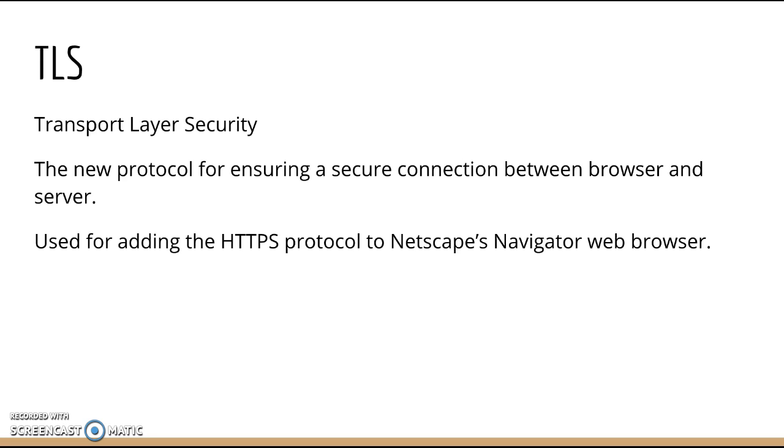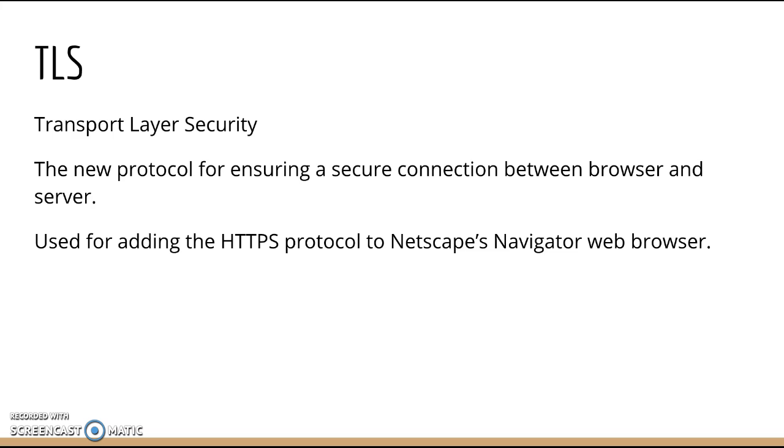So I mentioned TLS before. That's the updated security protocol being used here. It's Transport Layer Security, as you can see there, and really there are 7 layers, and I'm about to explain those 7 layers.